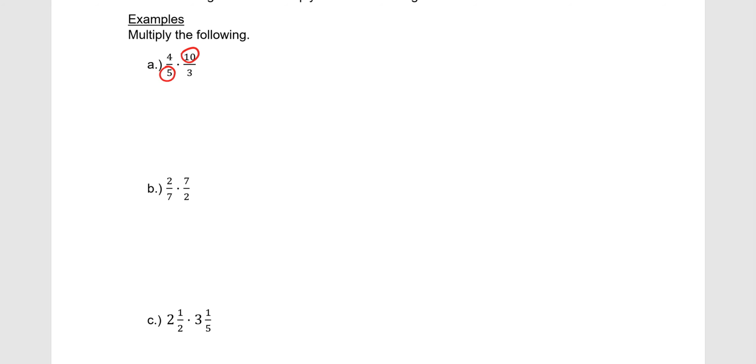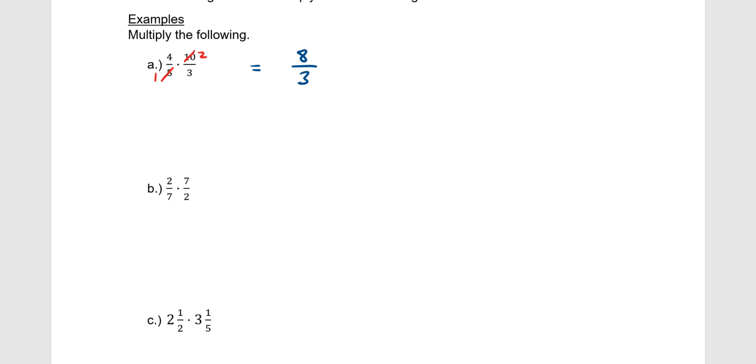Since one's in the numerator, one's in the denominator, we can reduce them. 10 divided by 5 is 2 over 1, because they canceled out, they had a common factor of 5 that we divided off. And now we can just multiply these across. 4 times 2 is 8, and 1 times 3 is 3. So we actually get 8/3 for this first one.